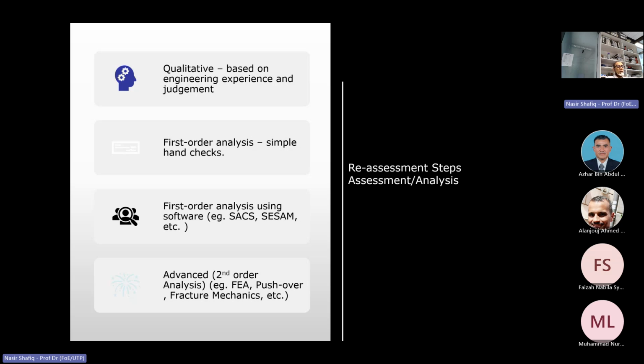So the third block, first order analysis, the simple, quick software analysis, will give you an indication whether it is high risk, low risk, or medium risk.